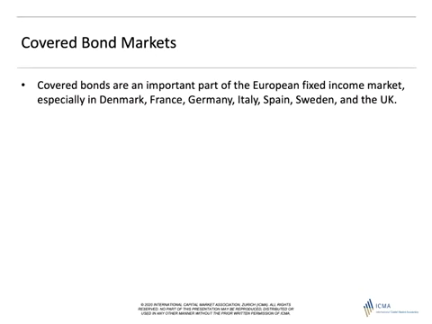Covered bonds are an important part of the European fixed income market, especially in countries such as Denmark, France, Germany, Italy, Spain, Sweden, and the United Kingdom. And there are important covered bond markets in many other parts of the world.